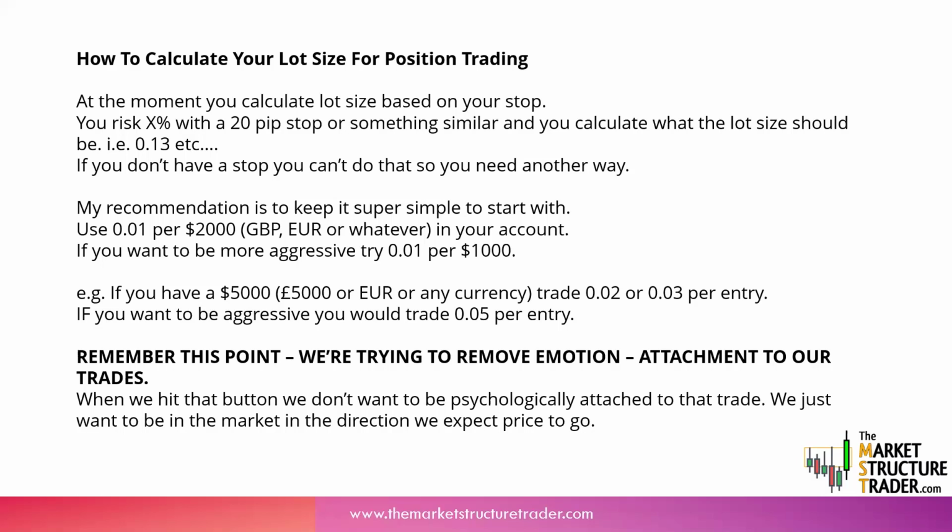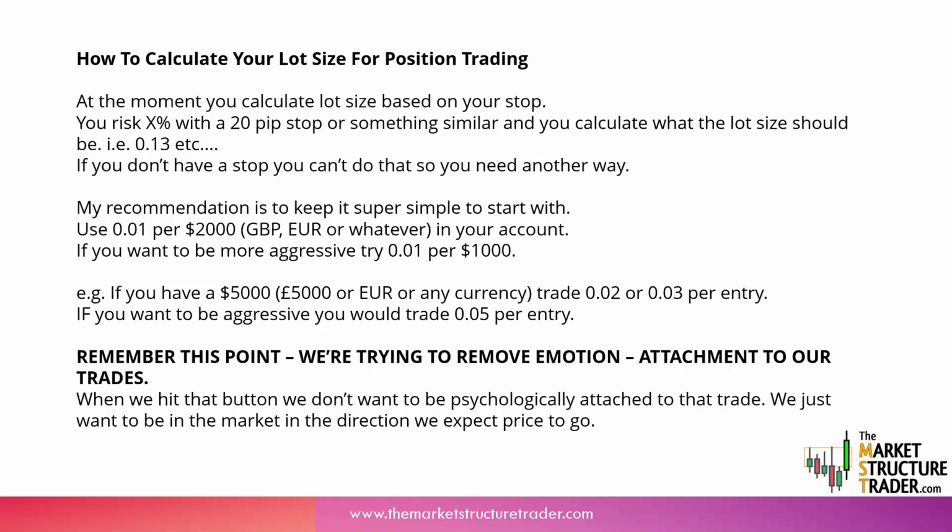If you want to be more aggressive, or if you're using a smaller account, then you can try 0.01 per $1,000, or pounds or euros or whatever, rand, I don't know, whatever your base currency is that you're trading in. What this allows us to do is keep it nice and simple across all the pairs that we trade, but it also allows us to scale up. And what I want you to do is get used to position trading without over leveraging, without over risking, and see what the benefits are.